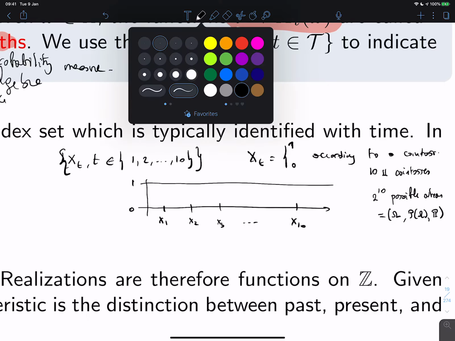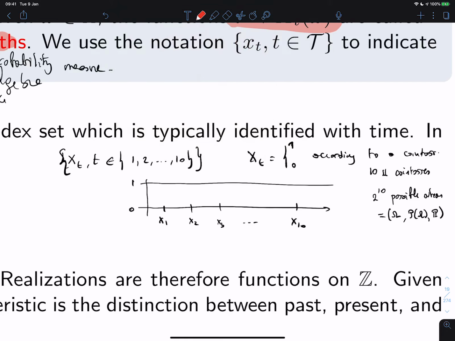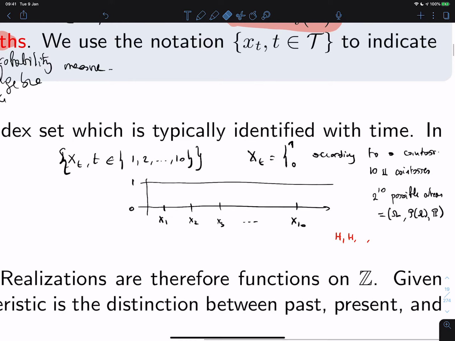One realization of this would be, for example, if we had observed the results, let's say a sequence of heads followed by tails 5 times followed by heads, then we would have had 1 1 0 0 0 0 and then 1 to conclude. Another possible realization would be heads, tails, and so on.